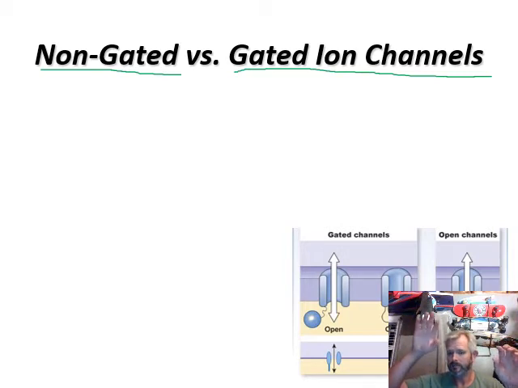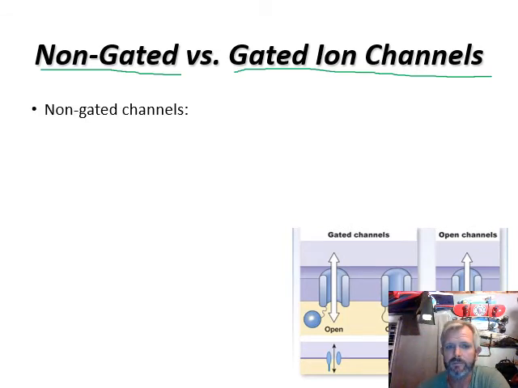So more potassium leaves compared to sodium coming in. That is at rest. We're going to be able to open up gated ion channels, and that's going to allow either more sodium in or more potassium out, and that can change our membrane potential. Move it away from that -70, away from that resting membrane potential.